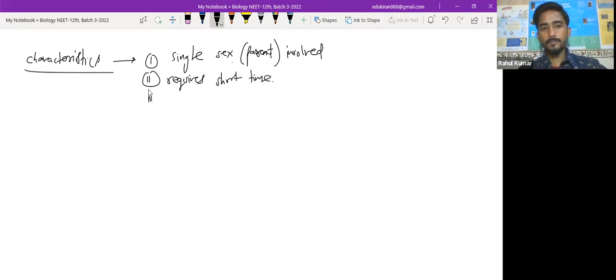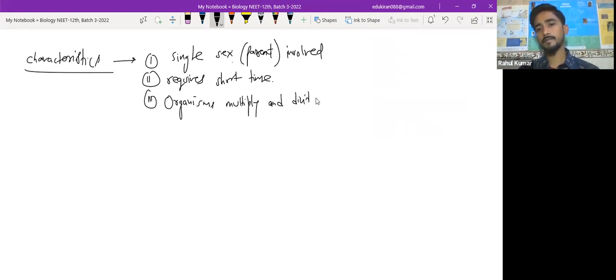Third point, organisms multiply and grow rapidly. Even the development is shorter, right? Organisms multiply and divide rapidly. The process is short, the development is short.